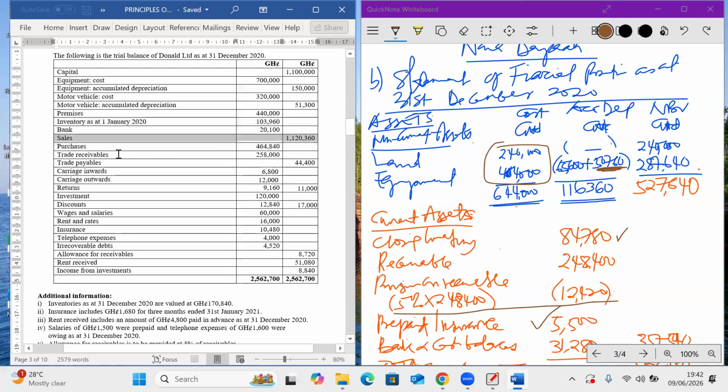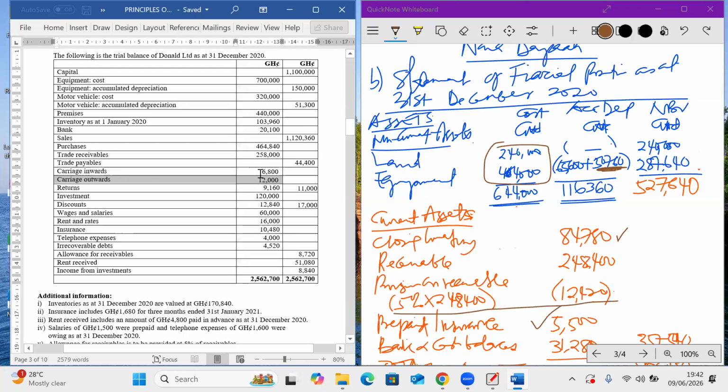Sales is an income. Purchases. Then trade receivables, straight away balance sheet. Trade payables, balance sheet. Carriage inwards, we will add it to purchases in the cost of sales. Carriage outwards will go to operating expenses. Carriage inwards is carrying the goods into the business. So you went to buy, so they are carrying the goods in. So carriage inwards goes in line with purchases.